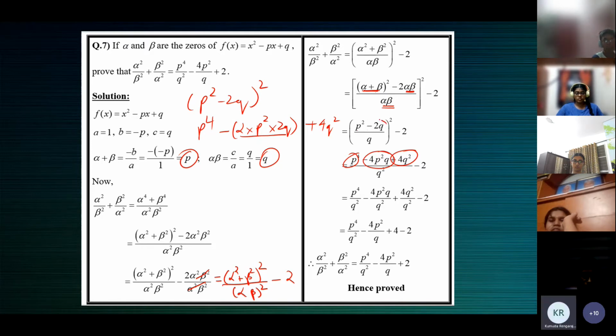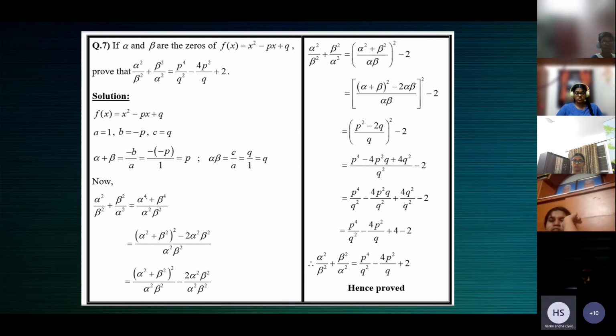Expanding using a minus b the whole square, applying the square to the numerator, and this Q square as it is. P square minus 2Q the whole square, expand this.